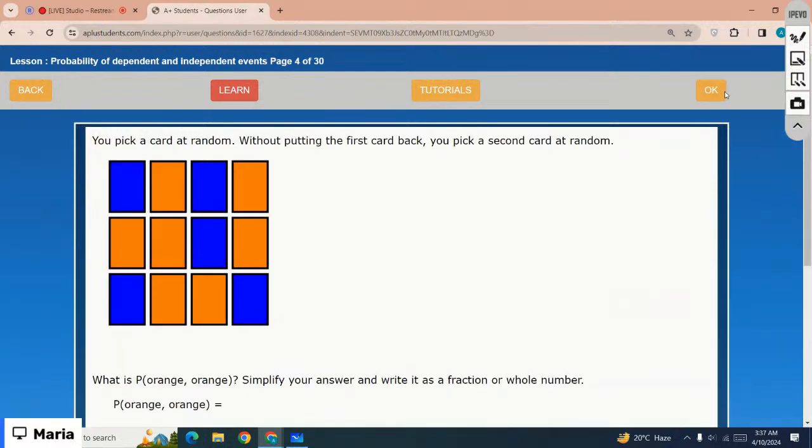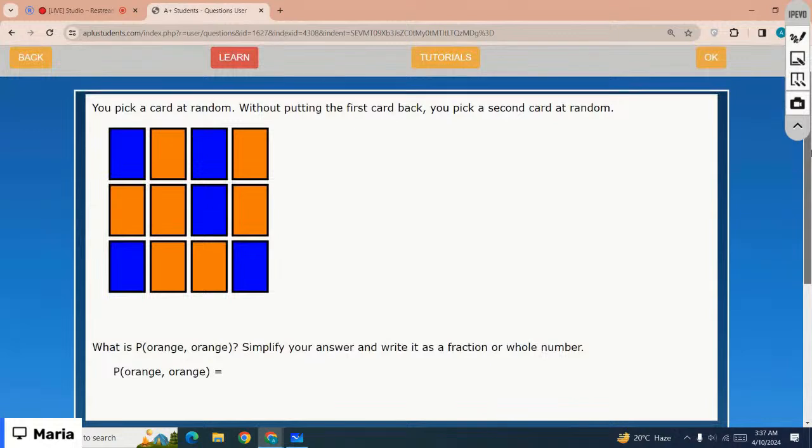You pick a card at random. Without putting the first card back, you pick a second card at random. What is the probability of orange and probability of orange? Which is the correct option?